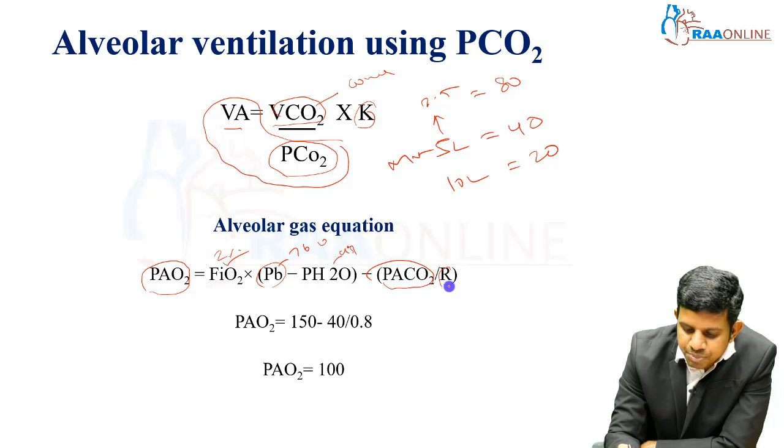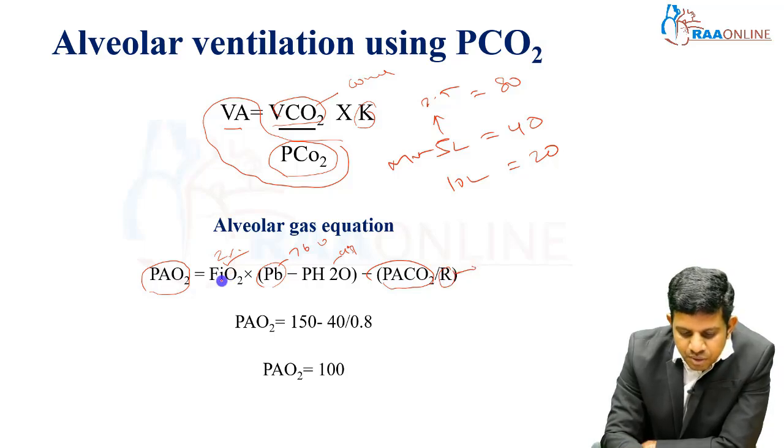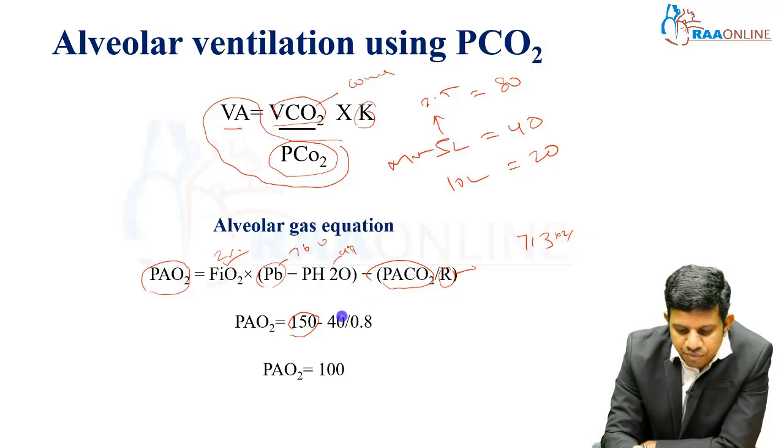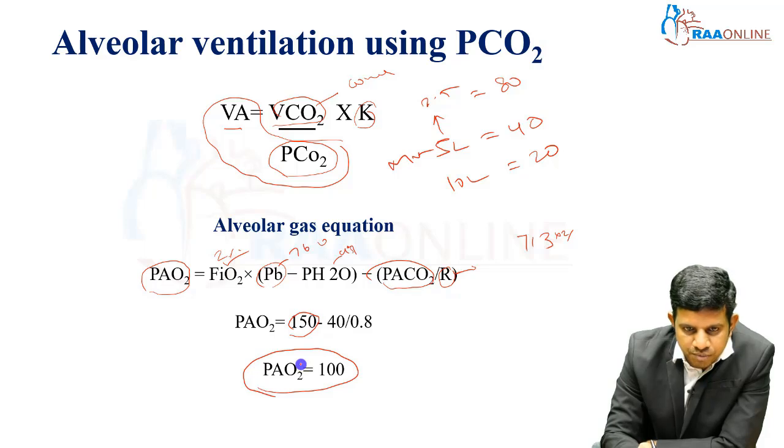This R is the respiratory quotient, most of the time a constant. So 760 minus 47 is 713, multiplied by 0.21, comes to around 150. Normally, the alveolar PCO2 is 40 divided by 0.8. The alveolar partial pressure of oxygen is 100. This is in the normal lung, during normal ventilation.